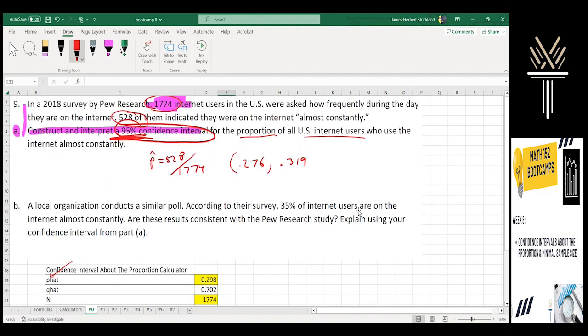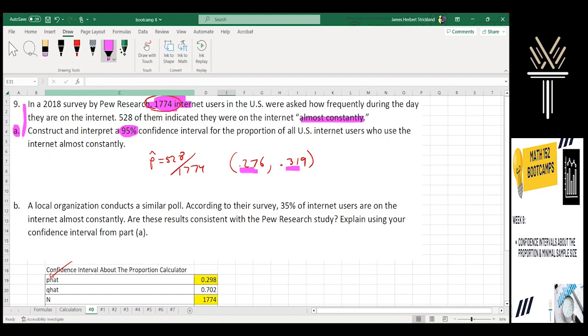So what exactly am I saying by this? I'm telling you, because it's a confidence interval, that I don't know what the actual center of the internet users is. I don't actually know what percentage of internet users say that they use it almost constantly. I have no idea, but I do know with a 95% accuracy rate, essentially, that it's somewhere between 27% and 31%.